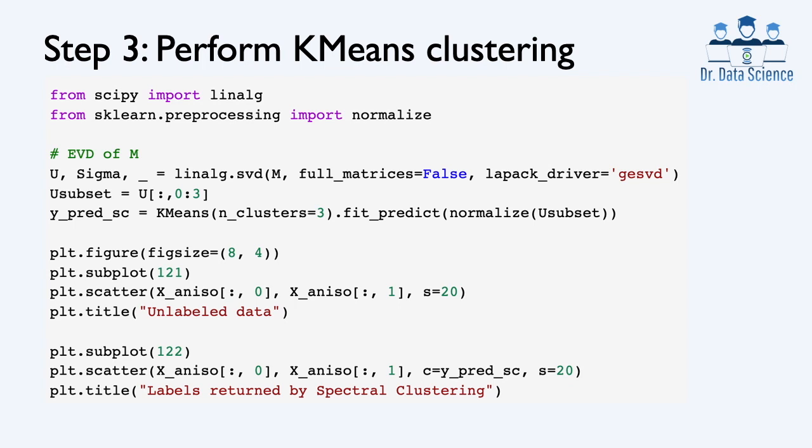And similar to before, we're going to visualize the input data, which is this X aniso, the anisotropic distribution of data that we created. And also in the second subplot, we're going to plot the data with these labels that are color coded.